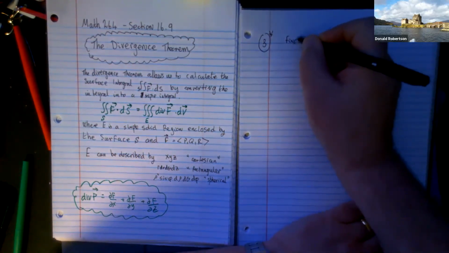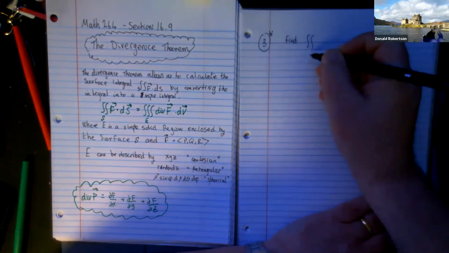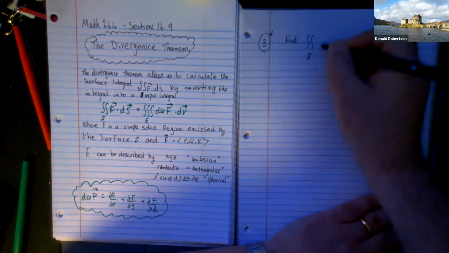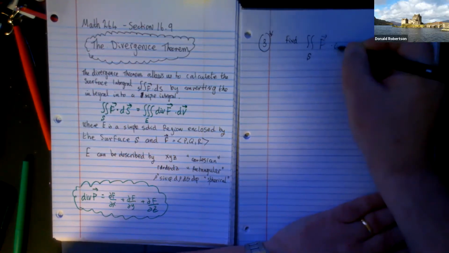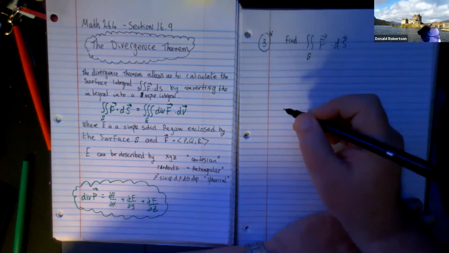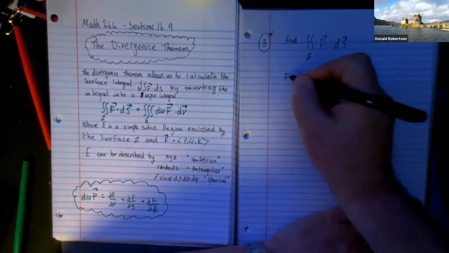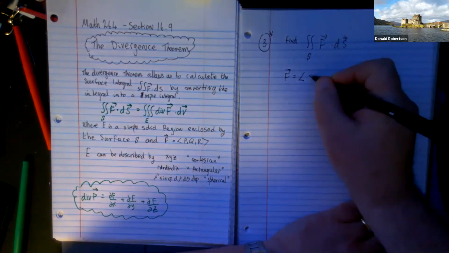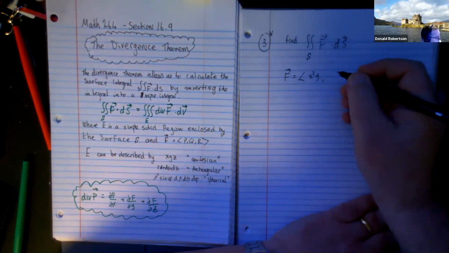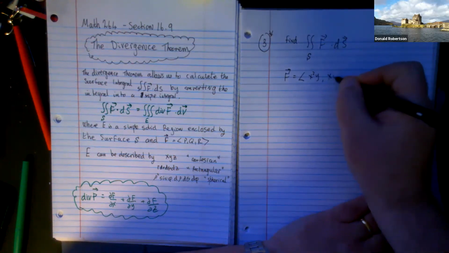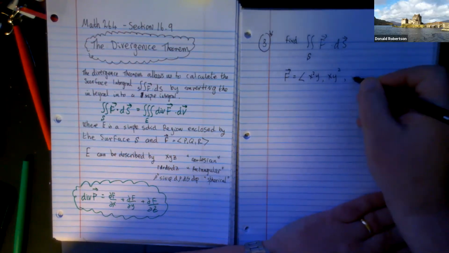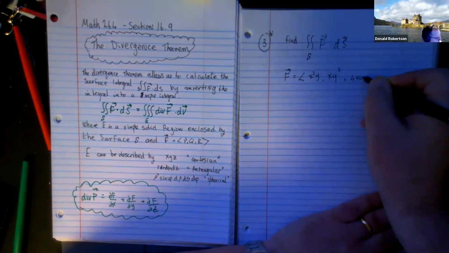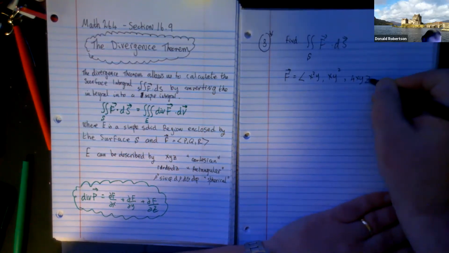For completeness' sake, I'm just going to put this down because this is what you've been asked in every question, but for completeness' sake, I'll put it in. So we're going to find that. We're given a vector field. That looks good.